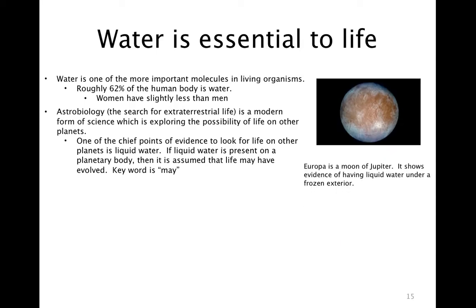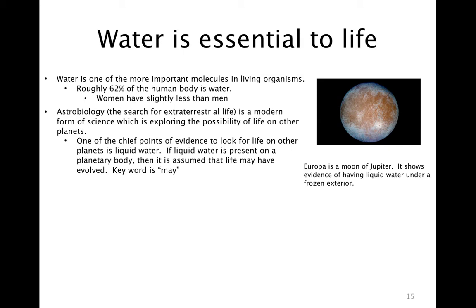So Europa is a moon of Jupiter. It's really neat. It's frozen on its surface, and it's frozen ice, but it probably has liquid water in its core, and there's pretty defining evidence for that. One of the things is that the ice structure itself shifts and changes.